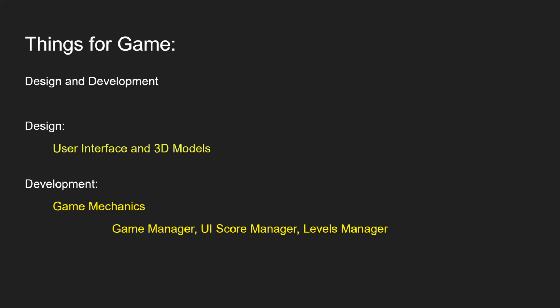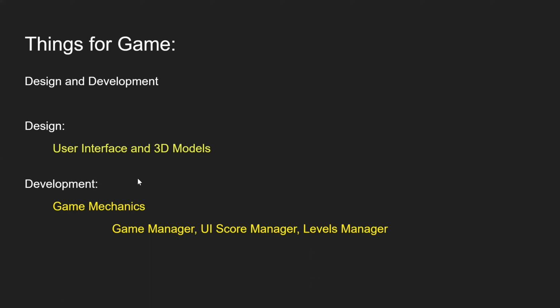But now we already know the game idea, so we can directly jump into the design and development part. For design, we will create a user interface and get 3D models, and for development, we have to create the game mechanics of a shooting ball.